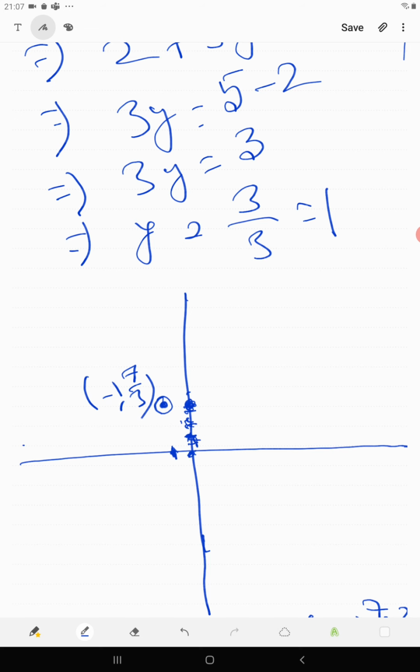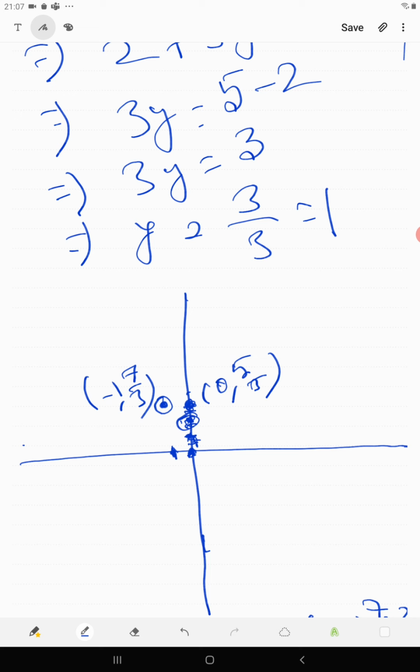Because it is the origin, x is 0, so from the origin we start, and the fifth smaller square from the origin will represent 0 comma 5 by 3.